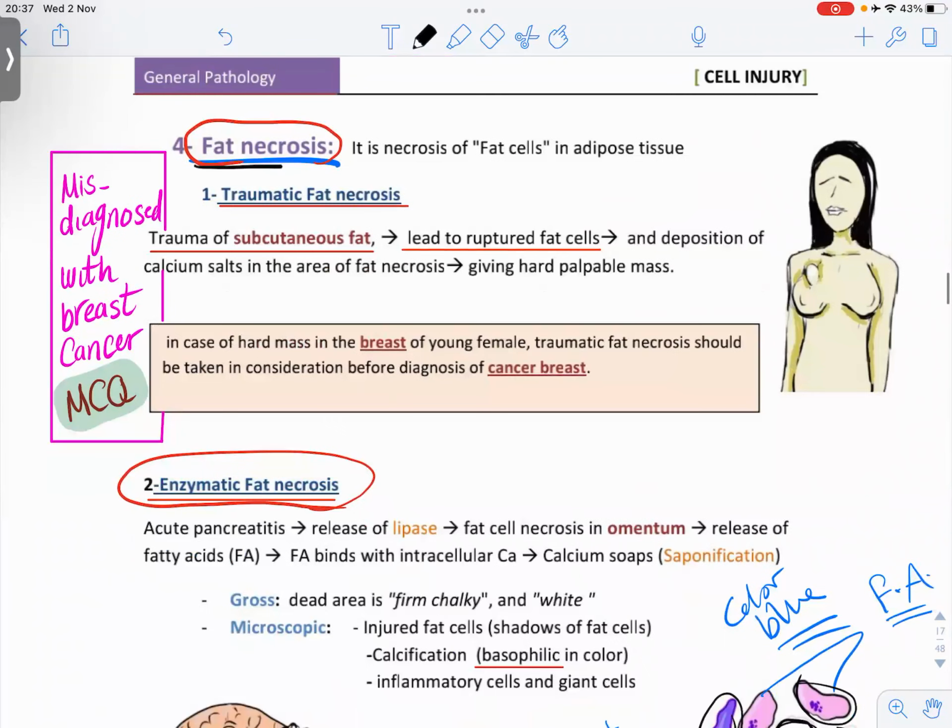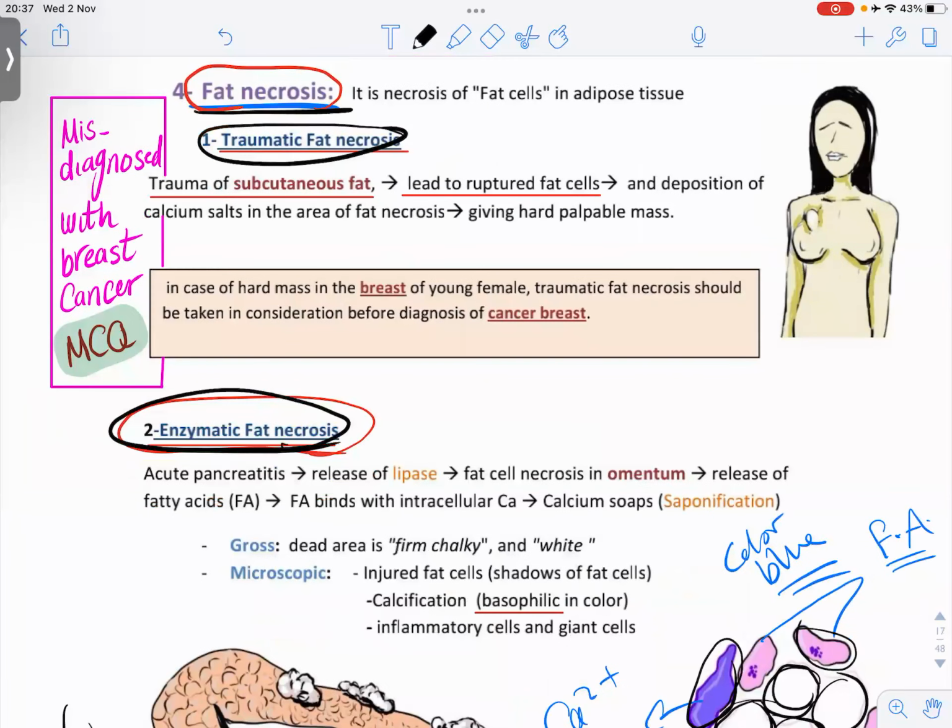And last one is fat necrosis. And we say the types of fat necrosis are traumatic fat necrosis and enzymatic fat necrosis. Traumatic is due to trauma, when trauma leads to rupture of fat cells, and then fatty acid will be released, binding with calcium and leading to saponification. And we said that traumatic fat necrosis in breast is always misdiagnosed as breast cancer.